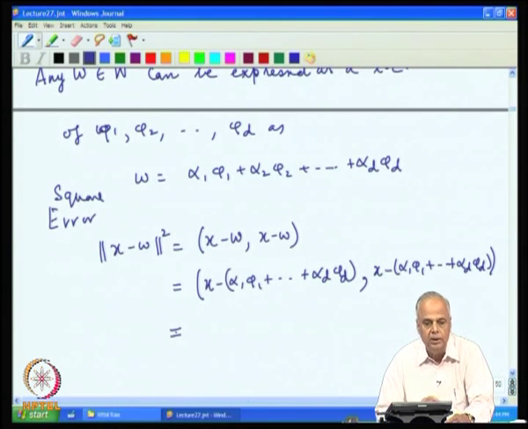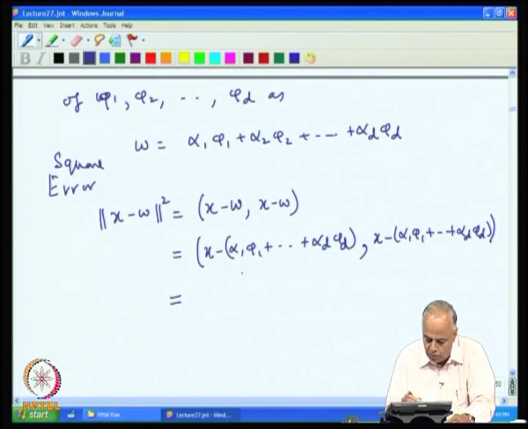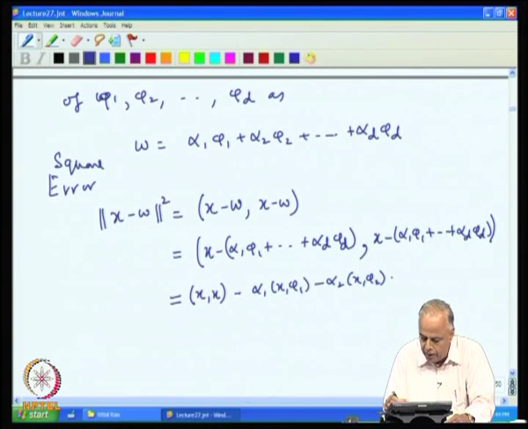Now, we know that the dot product is distributive, we can take term by term inner product. So, the first one gives me x comma x, the second one gives me minus alpha 1 x comma phi 1 minus alpha 2 x comma phi 2 and so on, minus alpha d x comma phi d.